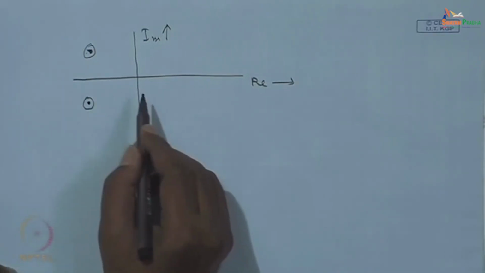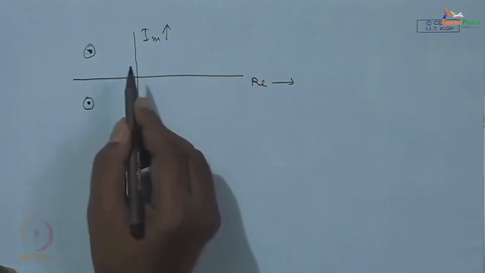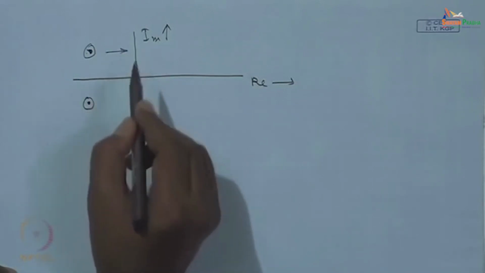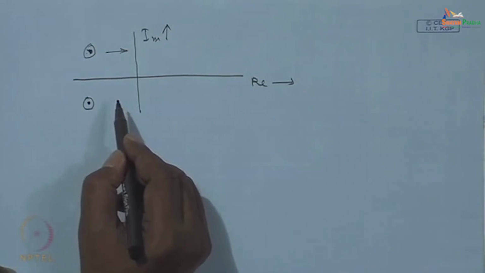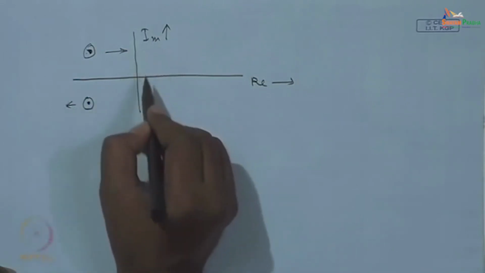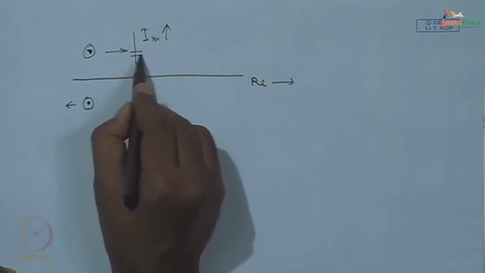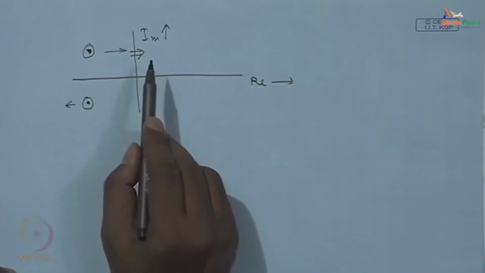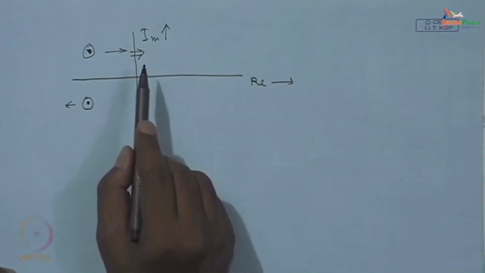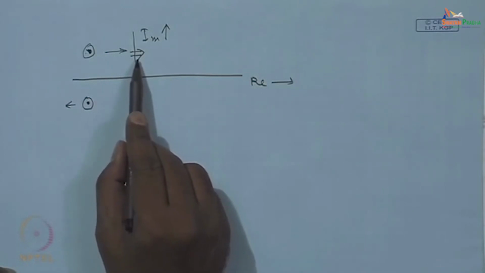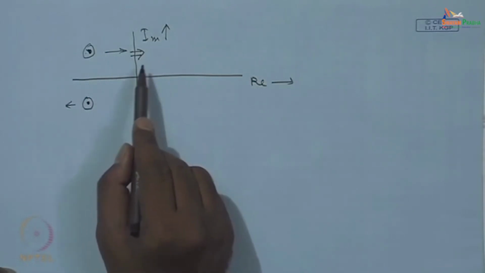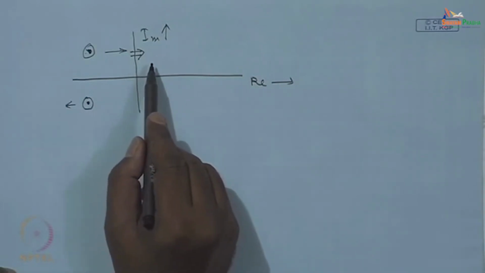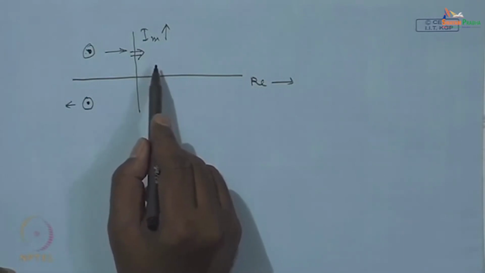Now, if we change the parameters, one of these may move towards left, another towards right. For a particular value of parameters, this may cross over the imaginary axis and move into the right half plane. At the point where it crosses over the imaginary axis, the real part becomes positive, and the steady state is no longer stable, it becomes an unstable steady state.